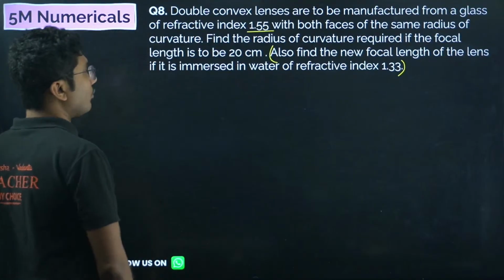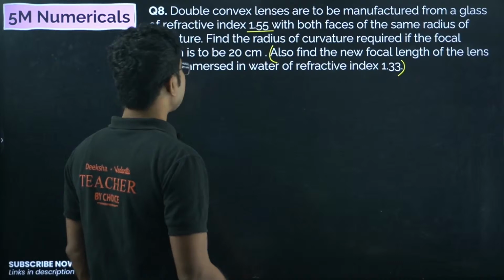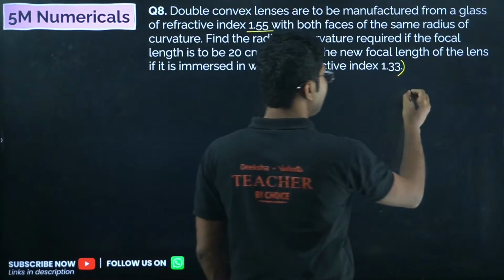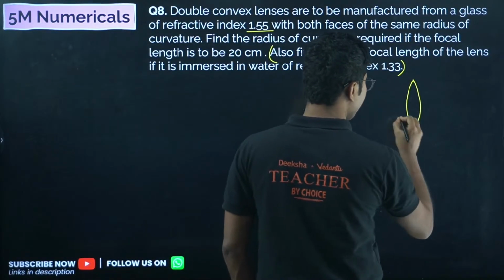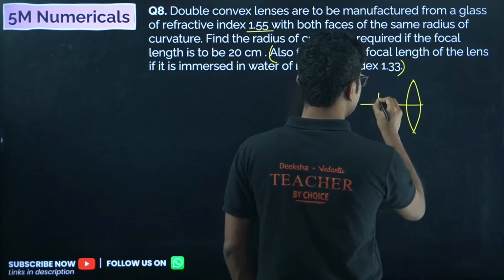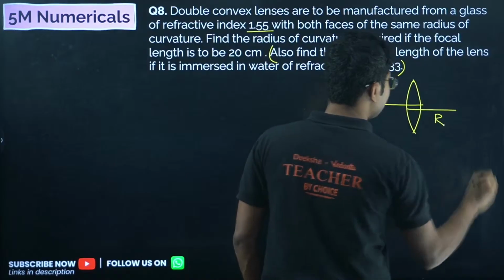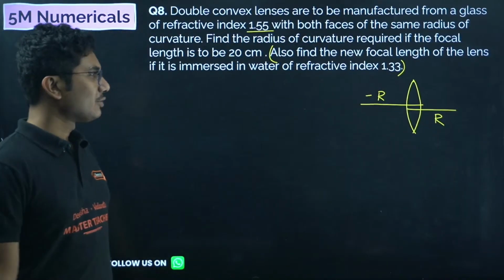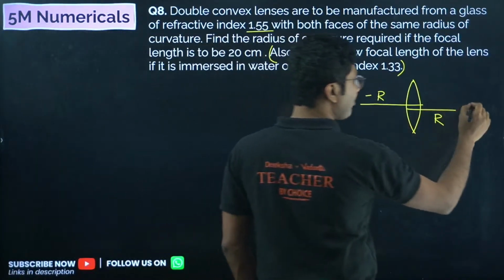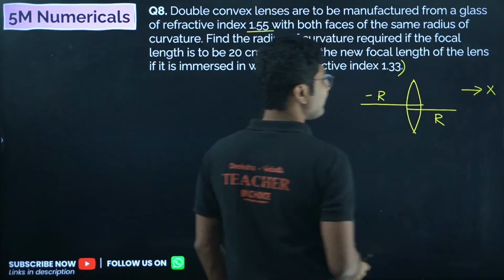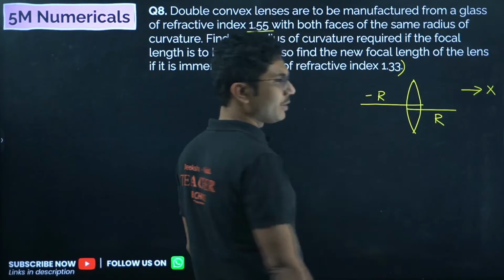Okay, so here we are using a double convex lens of the same radius of curvature. That means this side will be minus r and this side will be plus r. This much you have to understand. Anything on the right-hand side along the positive x-axis is positive, anything along the negative x-axis is negative.